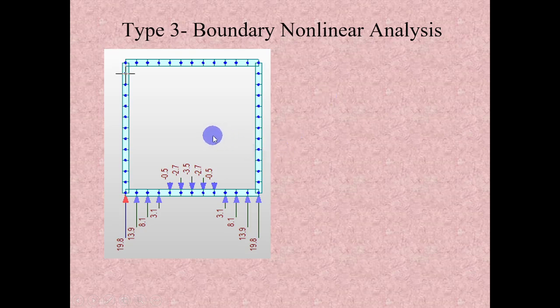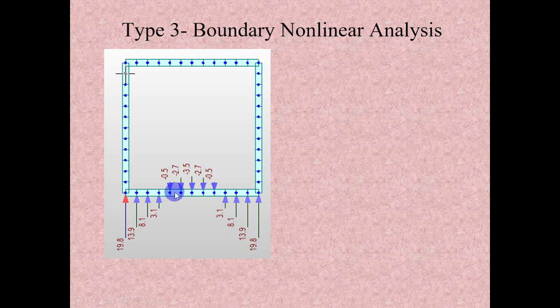This is the example for the boundary nonlinear analysis. At the base, all the nodes have soil springs to represent the soil. If you see, some reactions are positive and some reactions are negative, as we have seen in the previous slide.